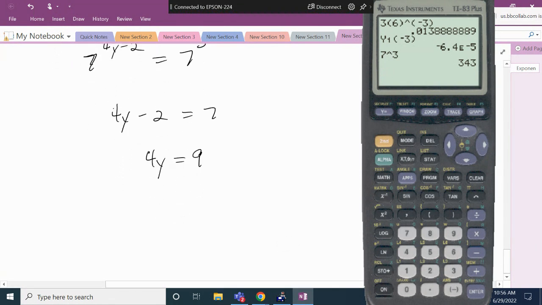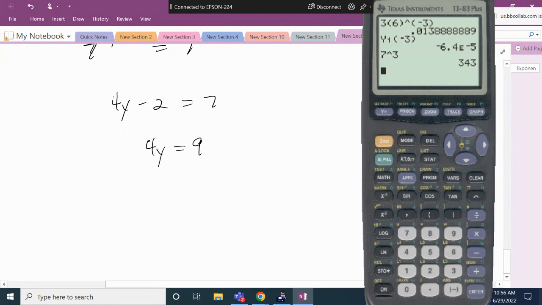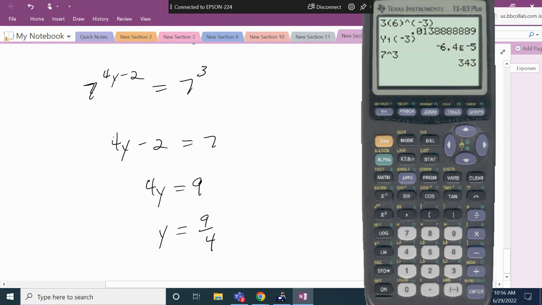I'm going to divide both sides by 4. Y is equal to 9/4 as our solution.